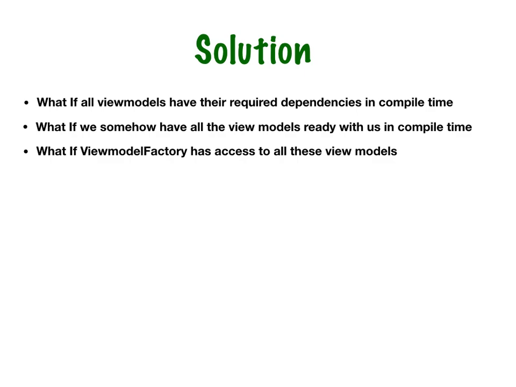We can have our view model factory which has a list of view models, and all of the view models are associated with their dependencies. So in that case, we don't need to do the dirty work of passing the dependencies to one single view model factory. Every dependency we are passing, we don't need to do that. We can think of a solution like this.